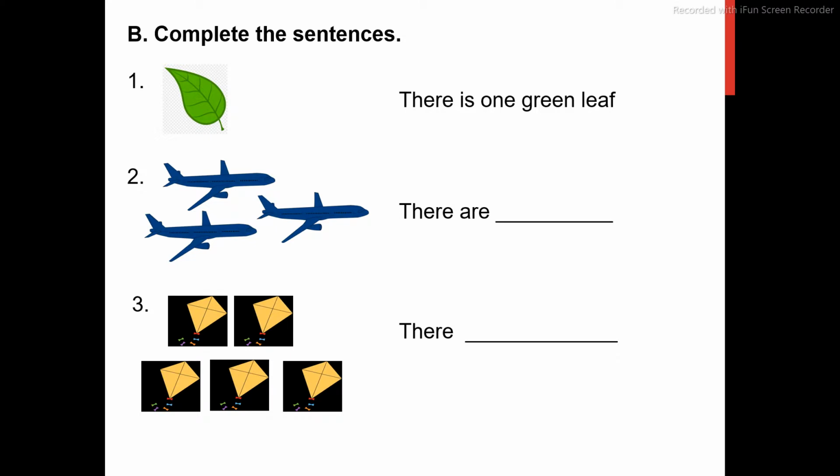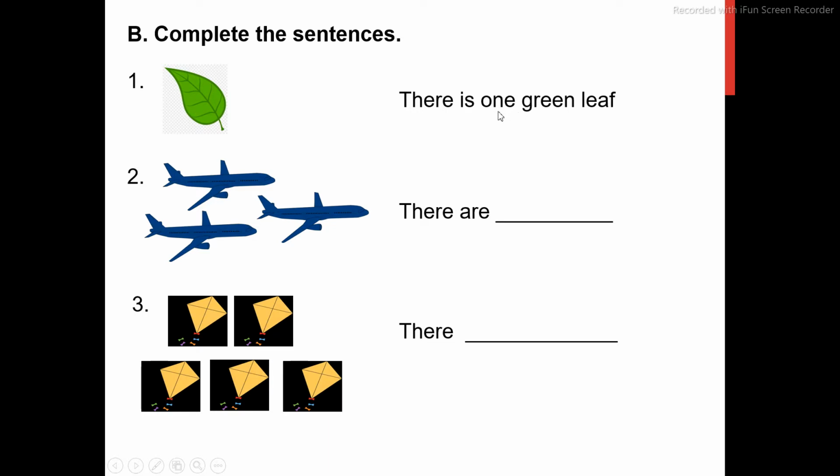And they are blue in color. So there are 3 blue planes. We follow the example: there is one green leaf.